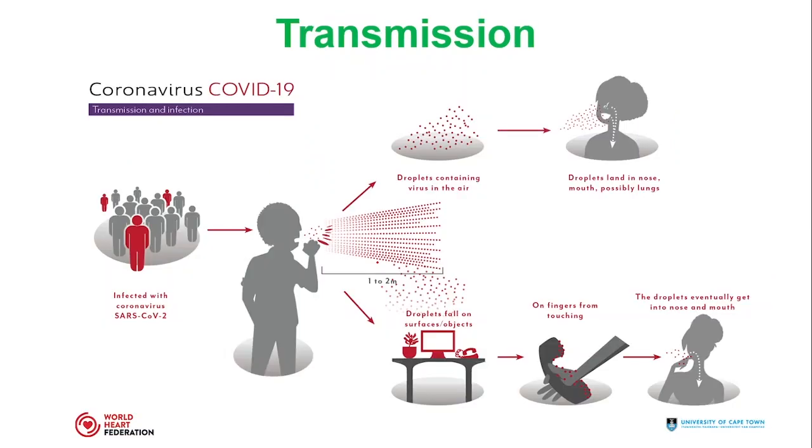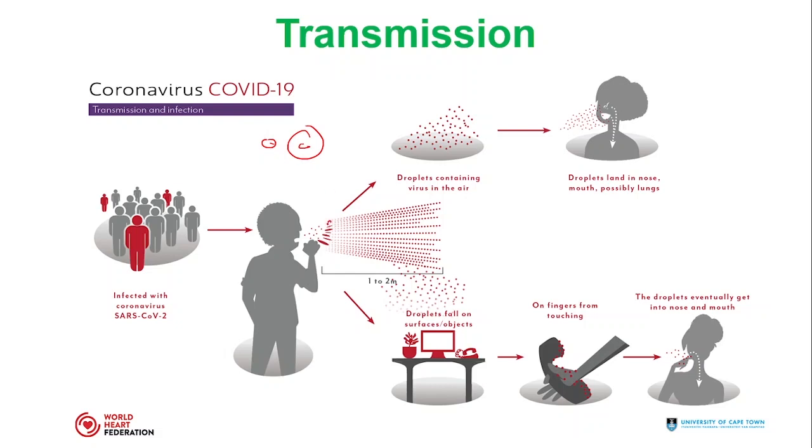Now, how is this disease transmitted? Suppose one person is infected and coughs. The coronavirus cannot usually move in the air, so it moves through small or bigger droplets. Some are smaller droplets and some are bigger.